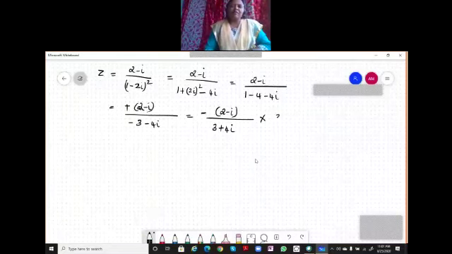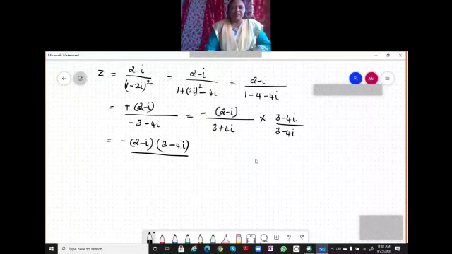So let us multiply and divide with 3 minus 4i. So this is equal to minus of (2 minus i) into (3 minus 4i), divided by (a plus ib) into (a minus ib), which is nothing but 3 square plus 4 square.